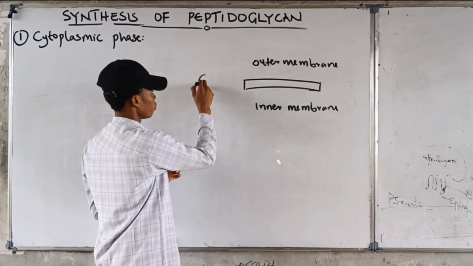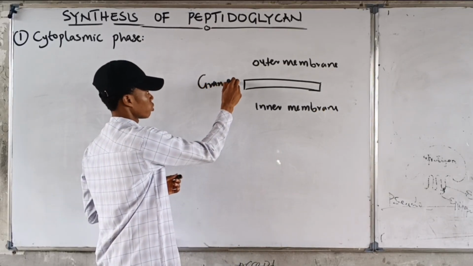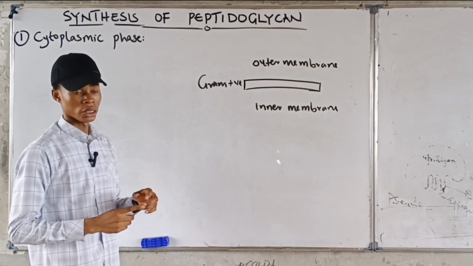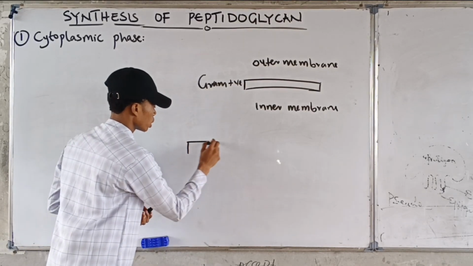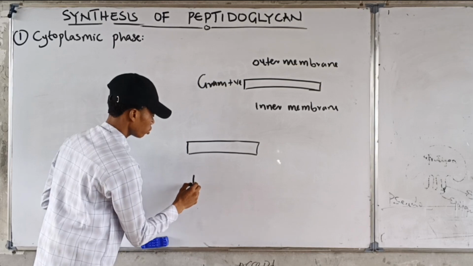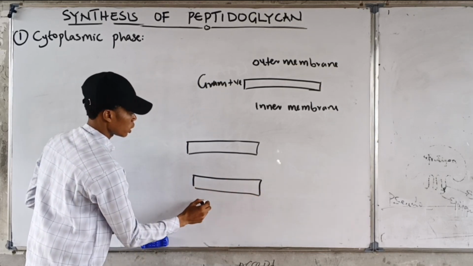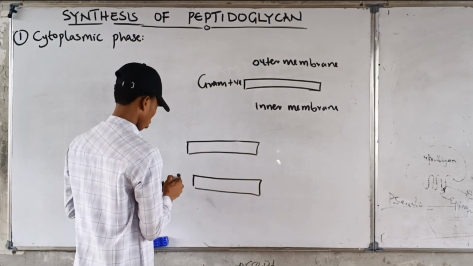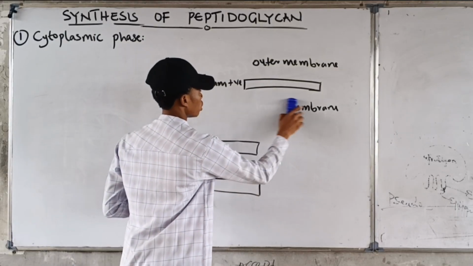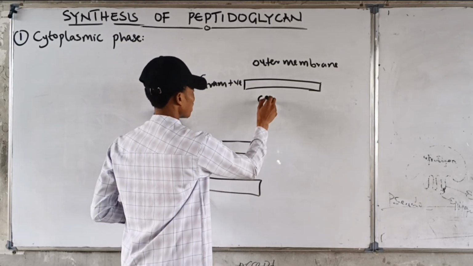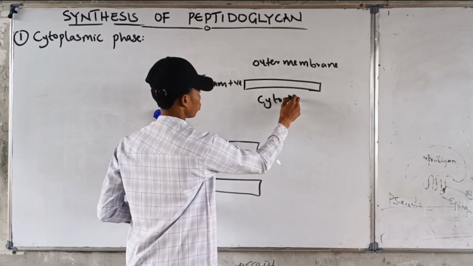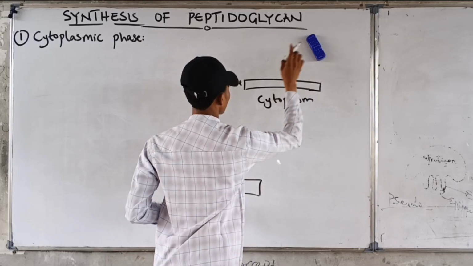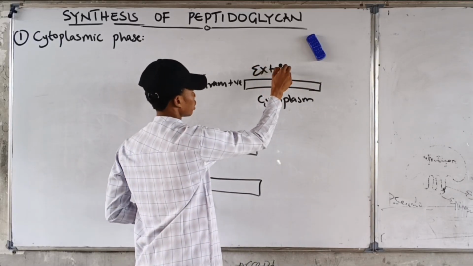This is for gram-positive. But for gram-negative bacteria, they have a double membrane. Let's take this as the cytoplasm, that's inside the cell, and here is the extracellular matrix, that's outside the cell.